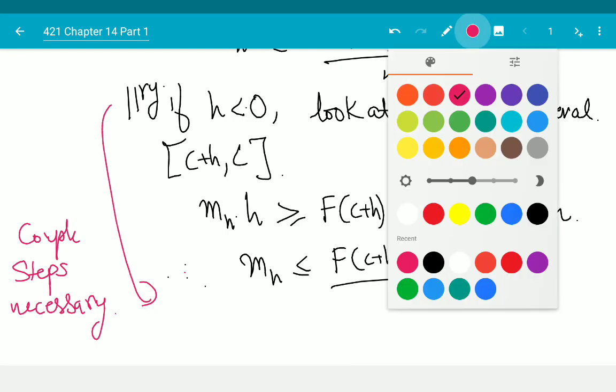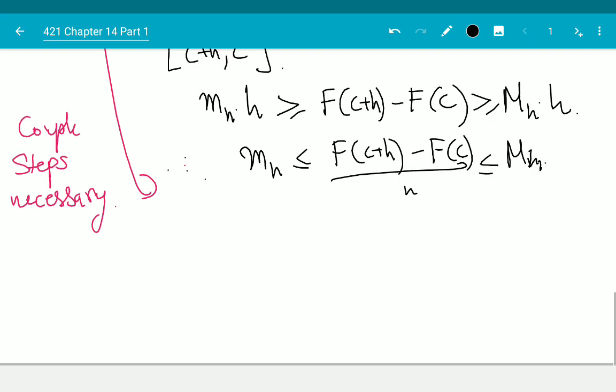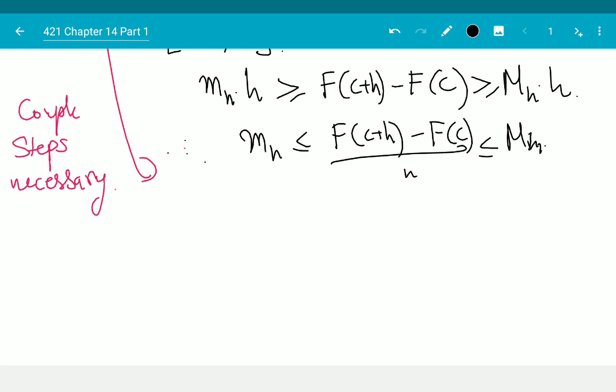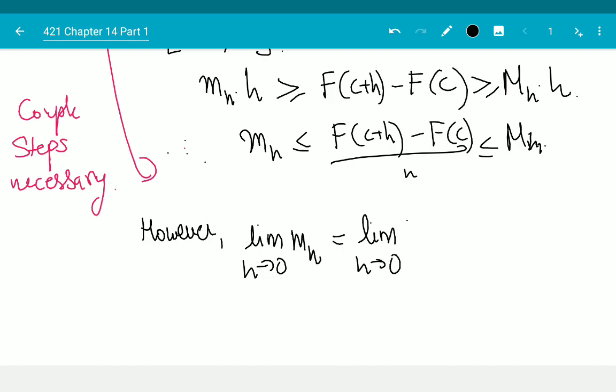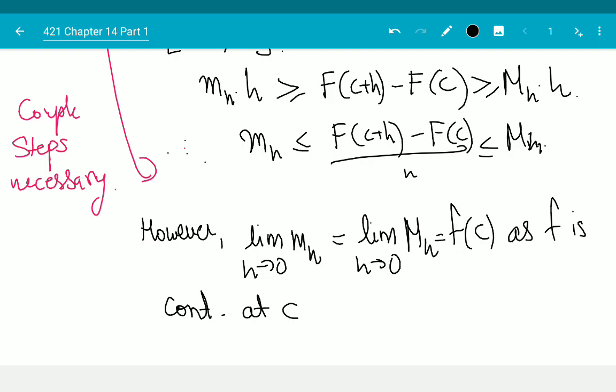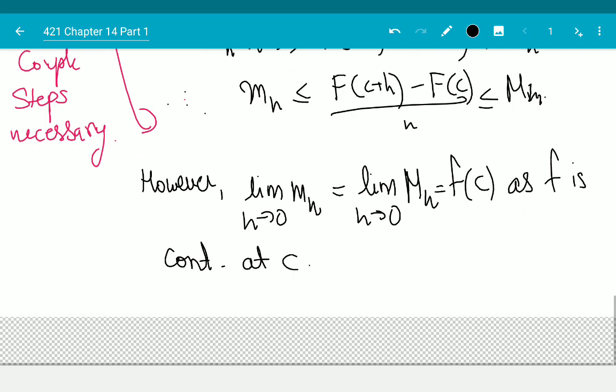Okay, well, great. So in both cases I do get this. What happens however as limit h goes to 0, small m of h is equal to limit h goes to 0, capital M of h is equal to f of c, as f is continuous at c, right?